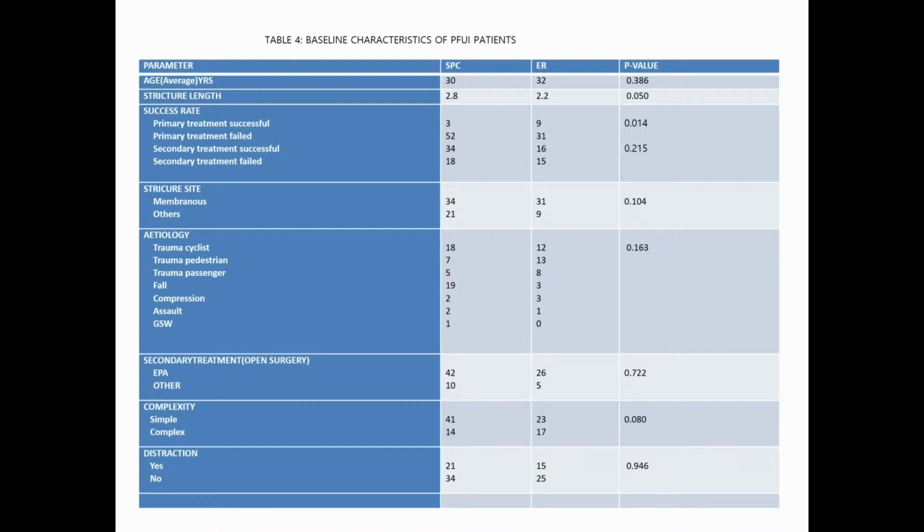That slide is crowded, but what I wanted you to note is that in the middle part of the slide, the etiology of the injury, most of them are motorcyclists, and some of these injuries are secondary to fall in a ditch, fall in a pit latrine, or fall in some empty space somewhere. Compression is also a cause of this, or even those people who travel as pedestrians, and the common denominator is that they are all young patients.